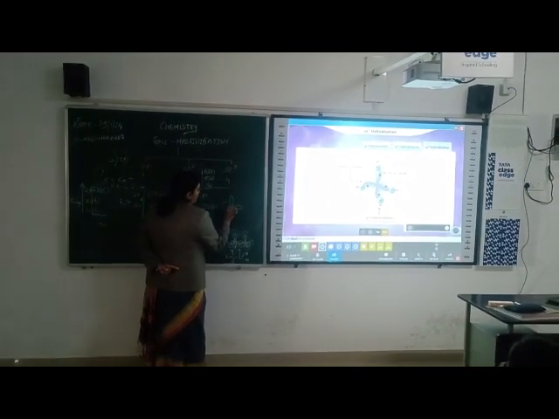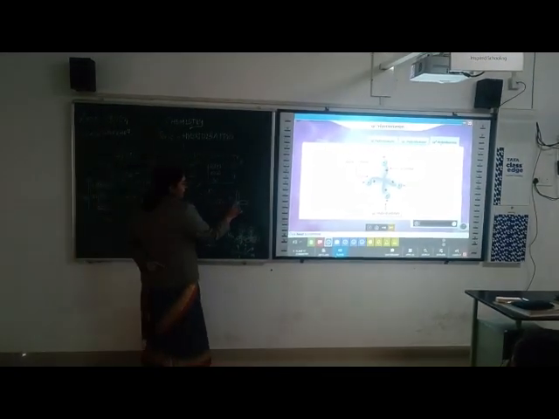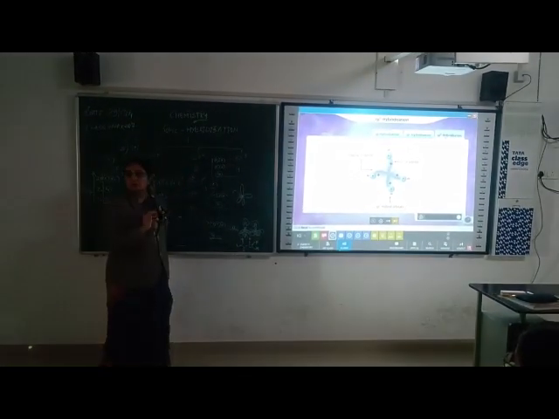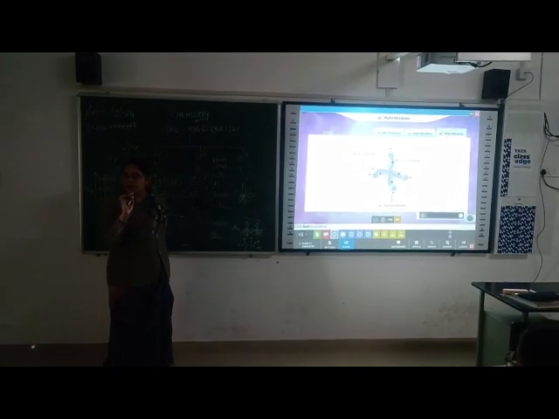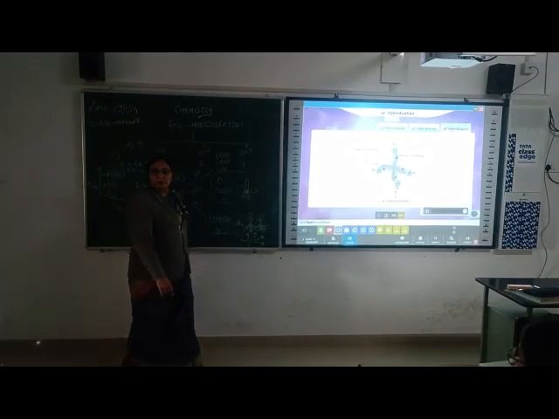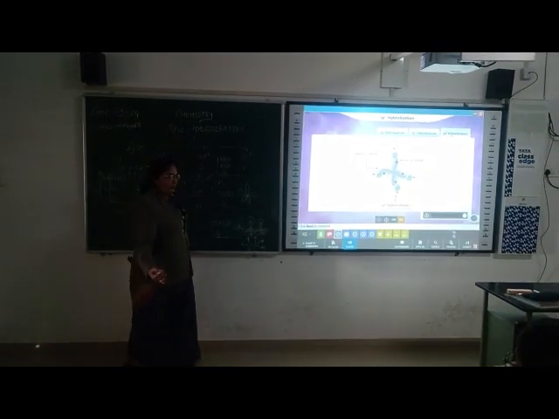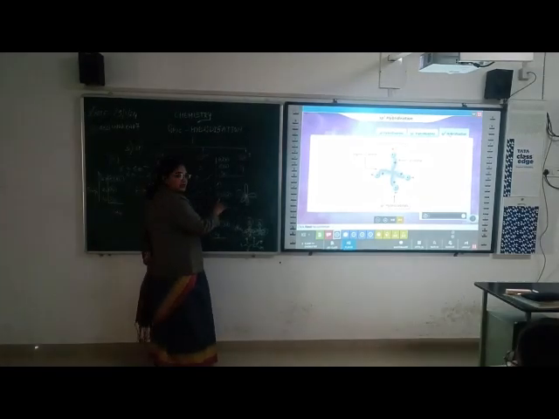Trigonal plane hai. Why inside only these three? I put 3 small lobes. Yes, Lakshya. Why inside these 3 do we put the small lobes? Because of low densities. Less. Irrelevant answer. Because which type of hybridization?